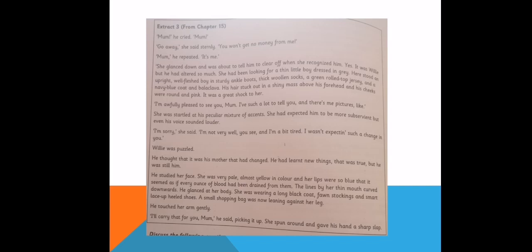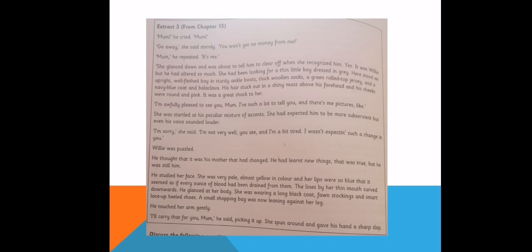"I'm sorry," she said. "I'm not very well, you see, and I'm a bit tired. I wasn't expecting such a change in you." Willie was puzzled. He thought that it was his mother that had changed. He had learnt new things, that was true, but he was still him. He studied her face. She was very pale, almost yellow in color, and her lips were so blue that it seemed as if every ounce of blood had been drained from her.